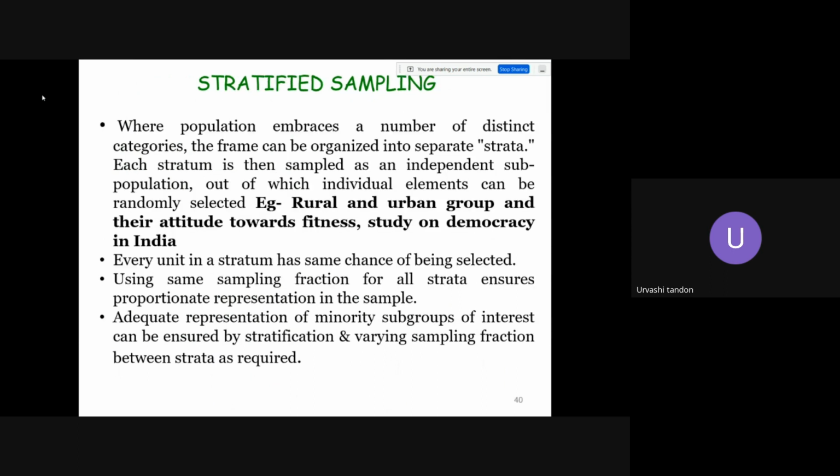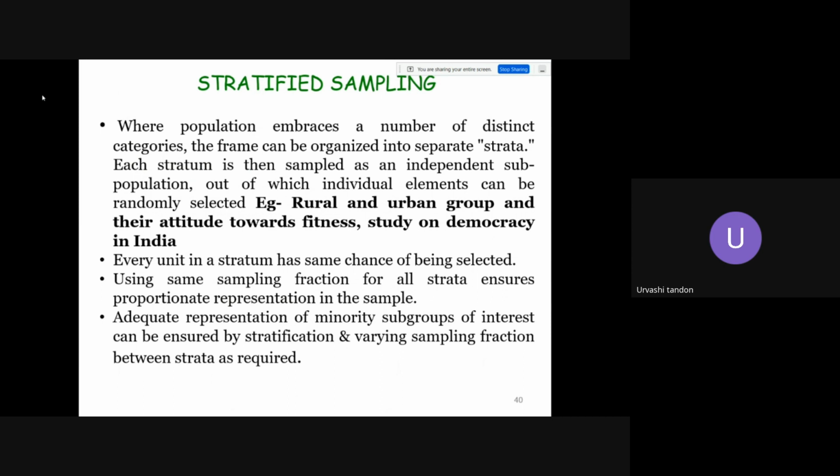And another important one is stratified sampling. Stratified sampling is where you divide the population into distinct categories which are known as strata, right? Let's say the population is very uneven, and it's difficult to measure that population.